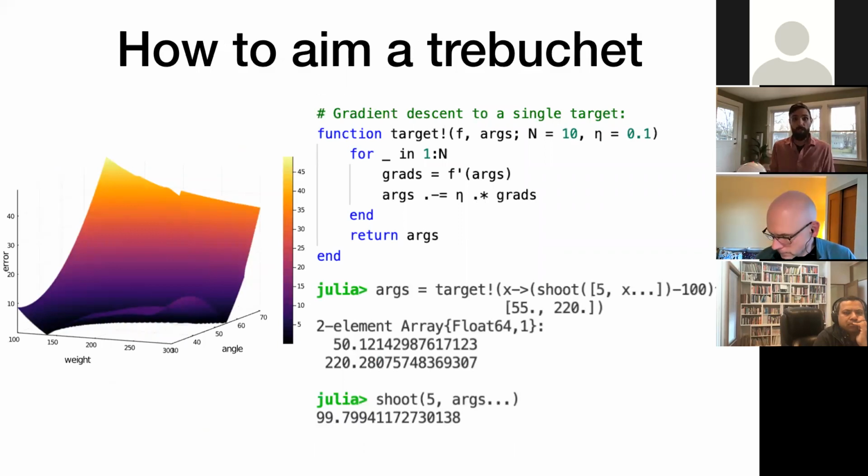So now we have the gradients. How would we descend to a single target? Well, I could just code up a simple 5-line gradient descent thing that just asks for the gradient with respect to my arguments of a given function and updates them using a given learning rate.